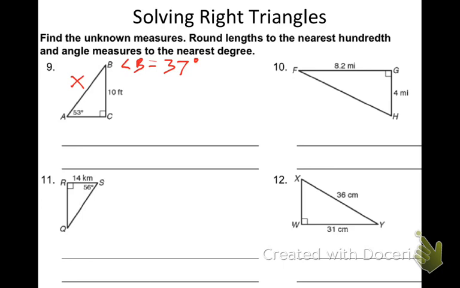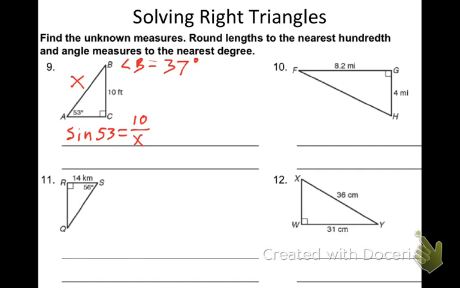Well, I know A is 53 degrees. What trig function am I going to have to use for the relationship here? I have sine, because the opposite is 10 and the hypotenuse is x. So I would say the sine of 53 equals 10 over x. What is the sine of 53?